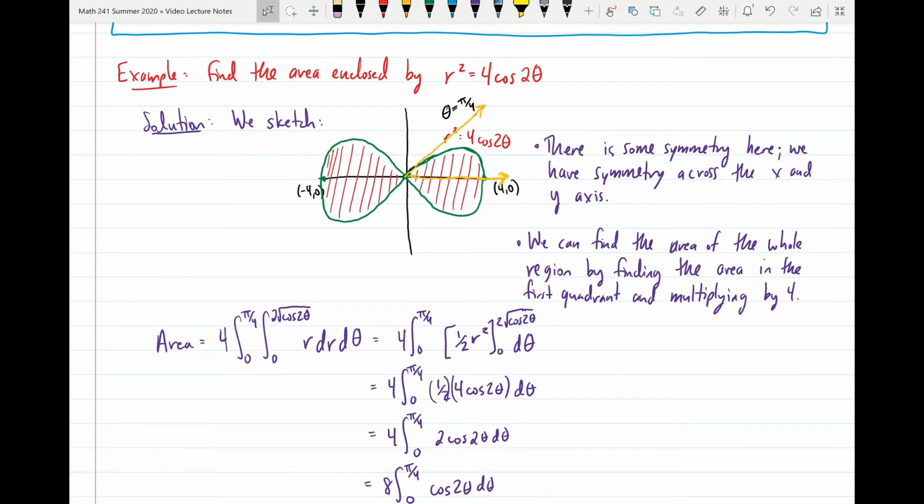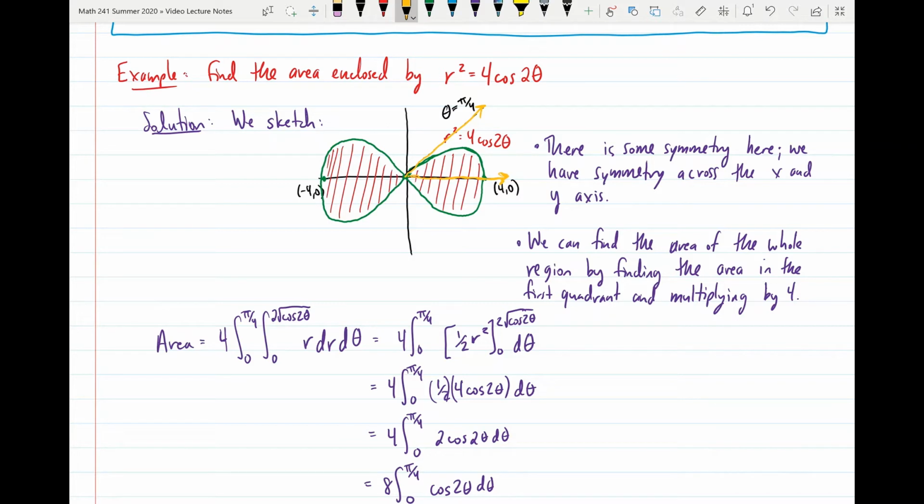So again, r is going to be bounded below by 0 because it's going to go all the way back to the origin, and it's going to be bounded above by that curve r squared is equal to 4 times cosine of 2 theta. But we can just take the square root of both sides there and get that r is equal to plus or minus the square root of 4 times cosine of 2 theta.